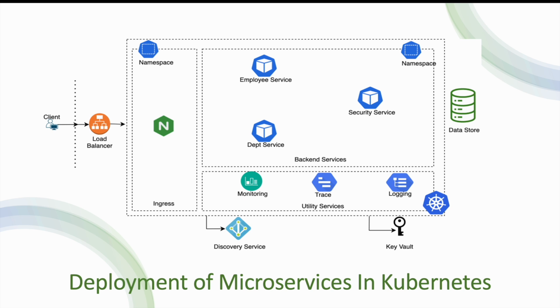Now what we have seen so far is the basic building block, that is microservices, and then microservices getting converted into Docker images, and the Docker images into containers and pods, and then service.